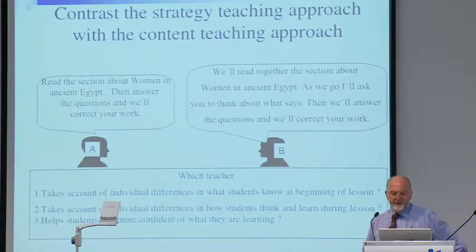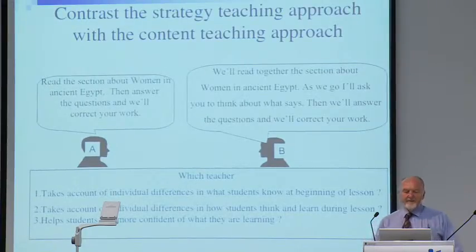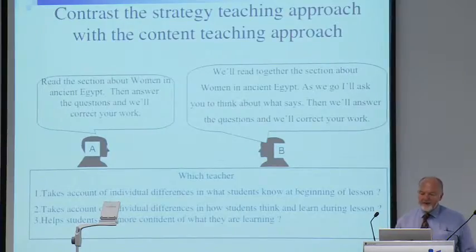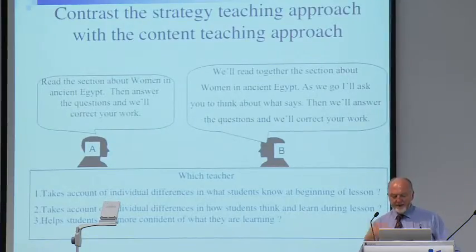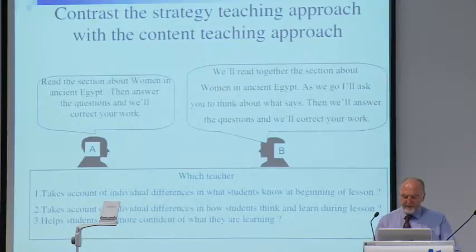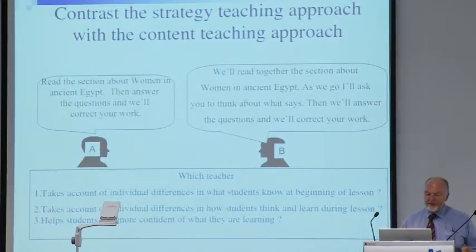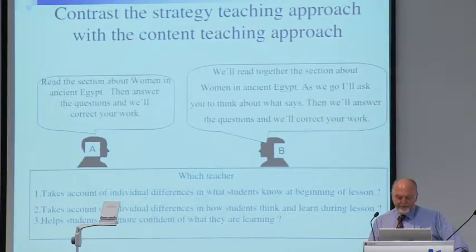And the second teacher says, we're going to read the same text. We're going to read the section about women in ancient Egypt. As we go, I'll ask you to think about what each sentence says. Then we'll answer the questions and we'll correct your work.